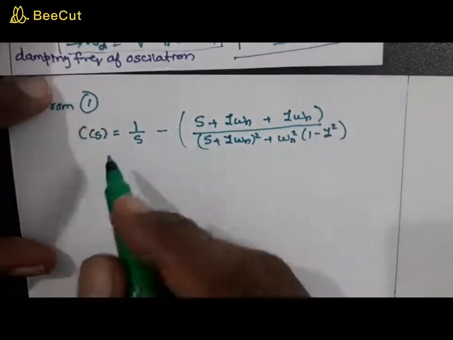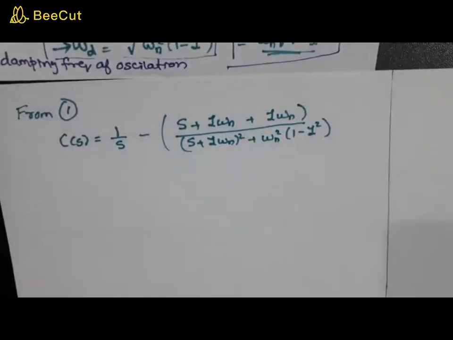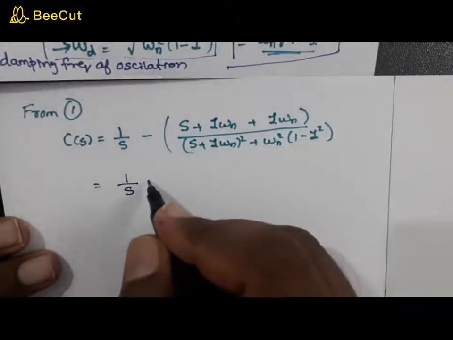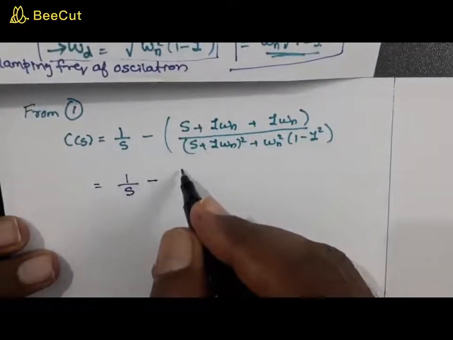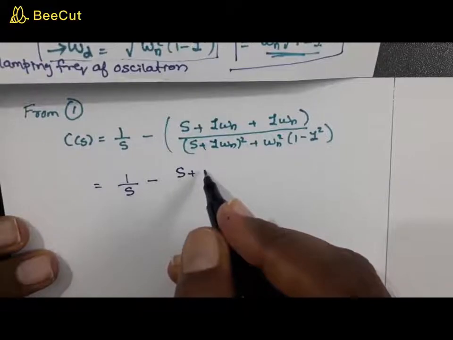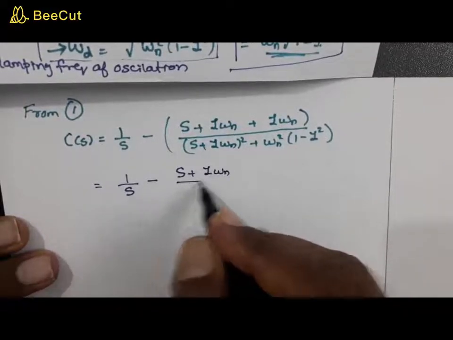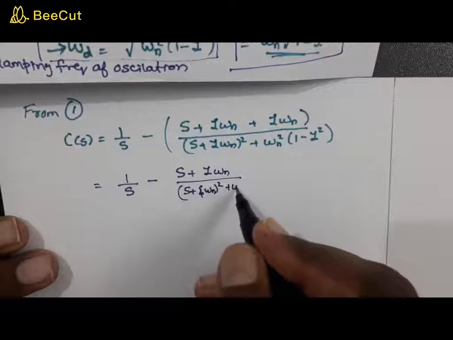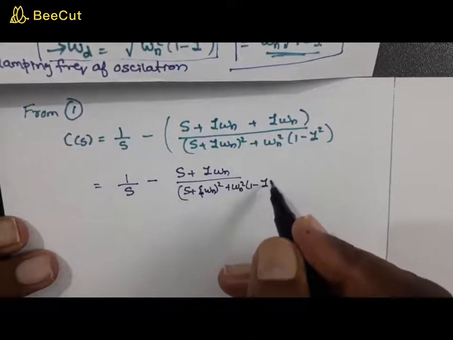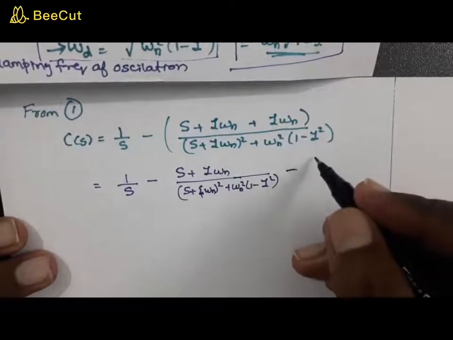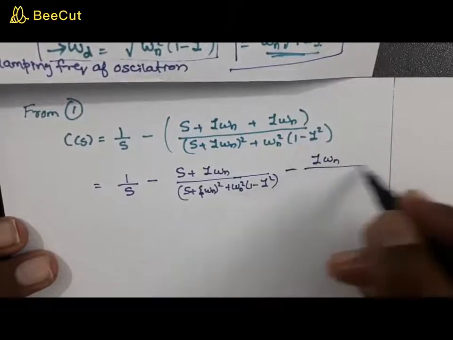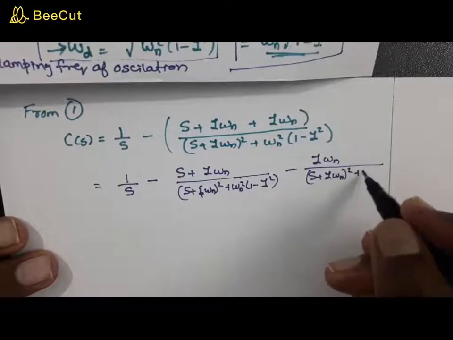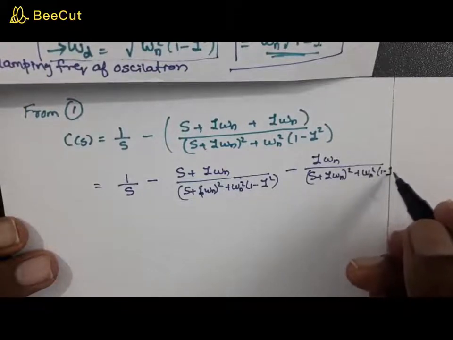Now you can rewrite this expression as 1 by s minus, you can split this as, (s plus zeta omega n) divided by (s plus zeta omega n the whole square plus omega n square into 1 minus zeta square), minus again zeta omega n divided by (s plus zeta omega n the whole square plus omega n square into 1 minus zeta square).